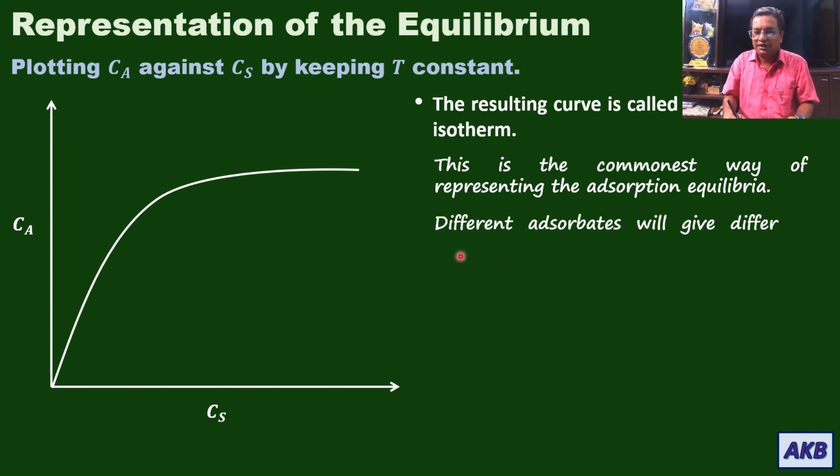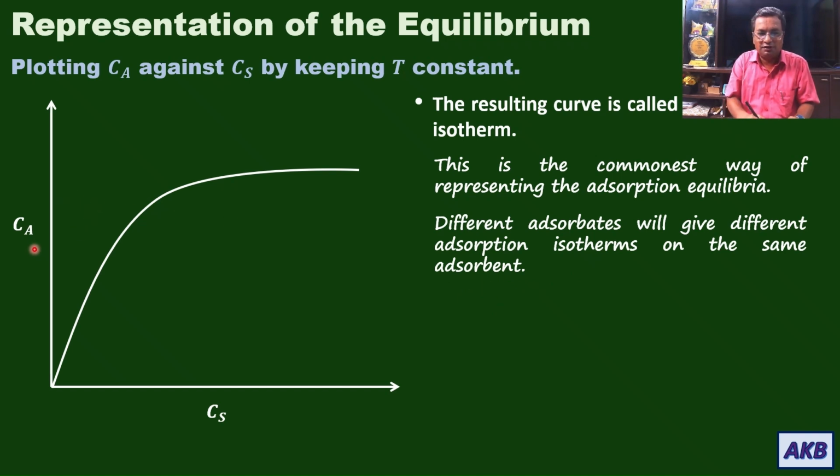The other important thing to note is, different adsorbates will give different adsorption isotherms on the same adsorbent. So in this case you have A, and if B and C are getting adsorbed on the same adsorbent, suppose this is the adsorbent, you have A getting adsorbed on this adsorbent, then B, then C. Each will have its own adsorption isotherm.